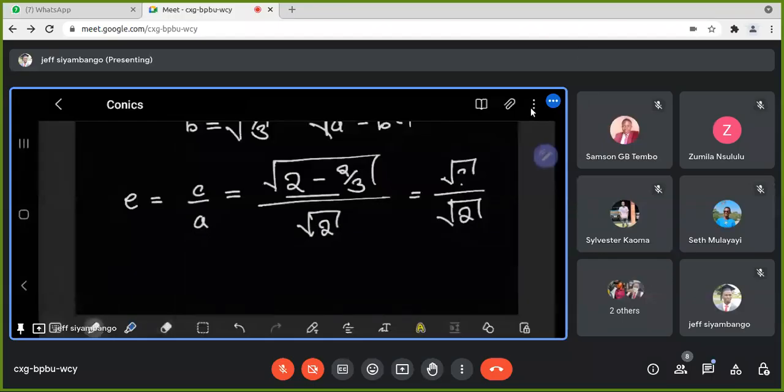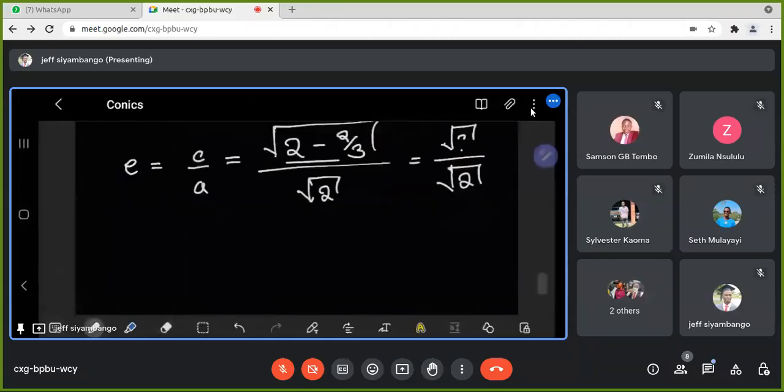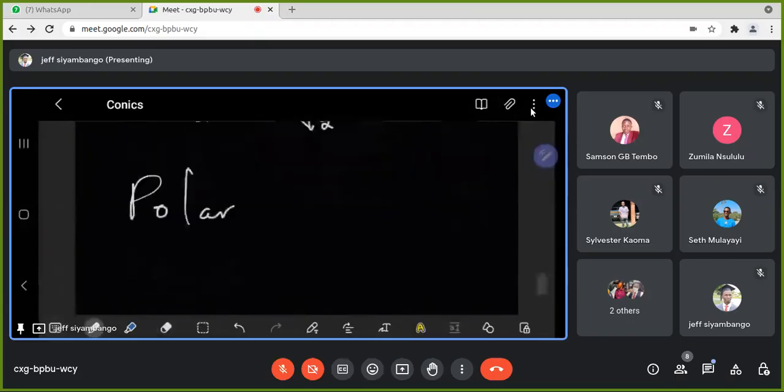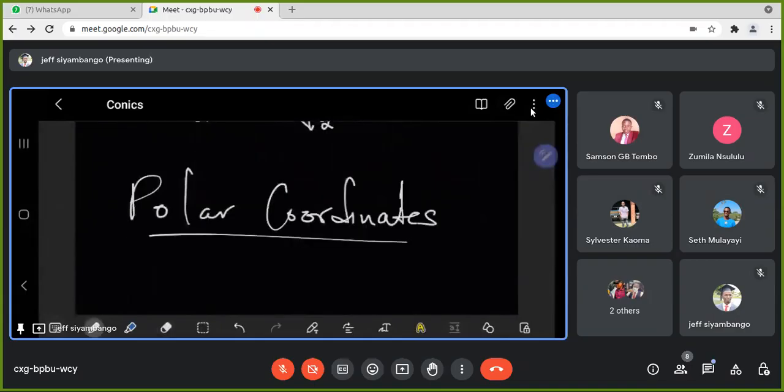Polar coordinates. Well, it turns out that sometimes it might be beneficial for us to represent whatever we're dealing with in polar form instead of in terms of the xy plane.